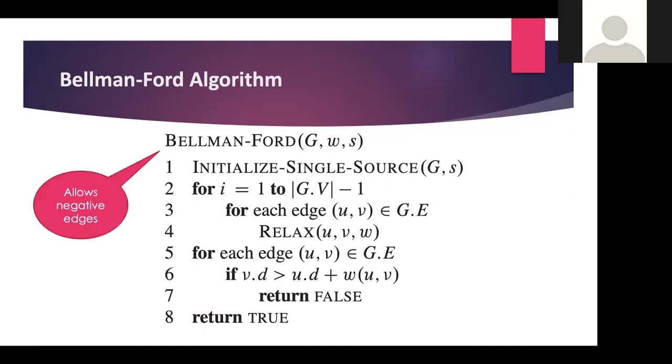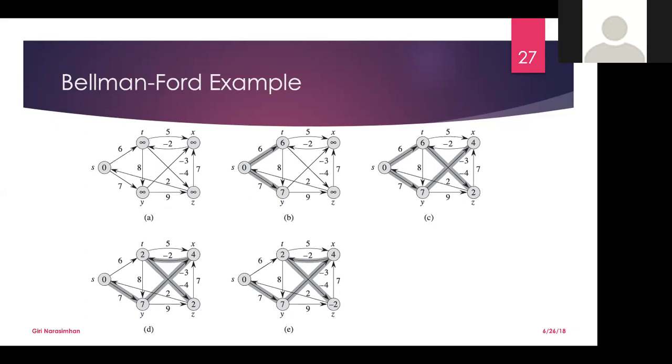So this algorithm allows negative edges, but does not allow negative cycles. And here's an example of Bellman Ford. There are some negative edges, but there are no negative cycles. You'll see that Dijkstra would simply have said this is the shortest path from S to Z. But this one will figure out that the shortest path goes all the way around, which Dijkstra would never have figured out.